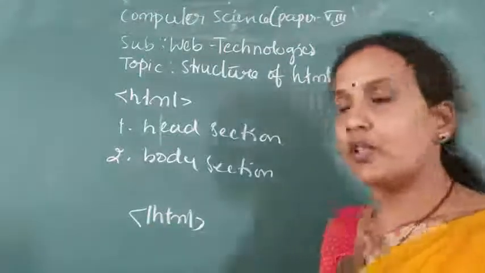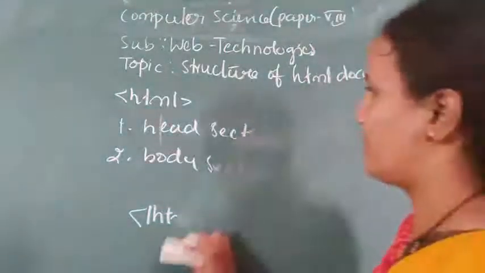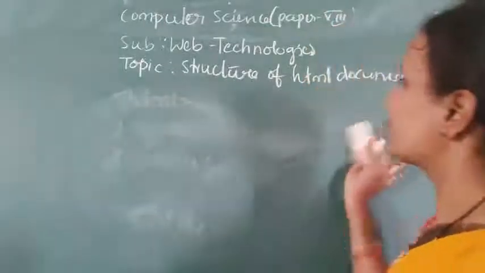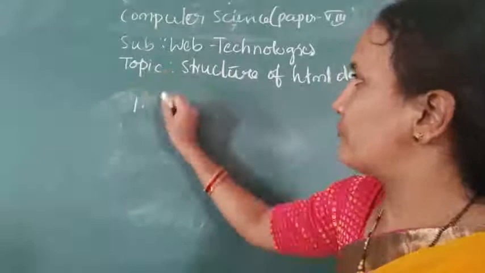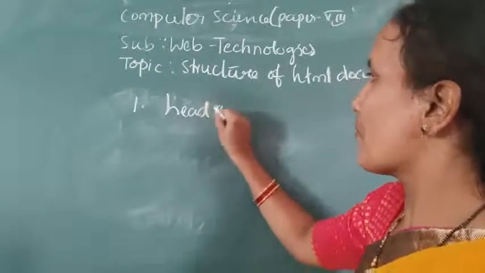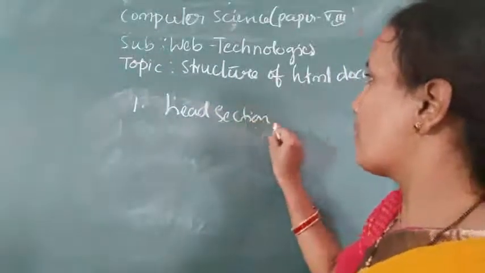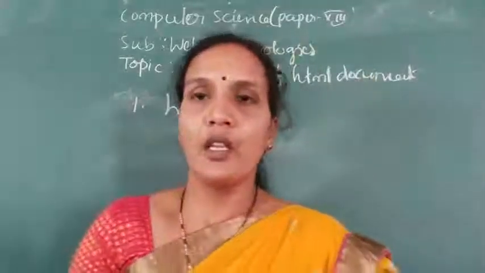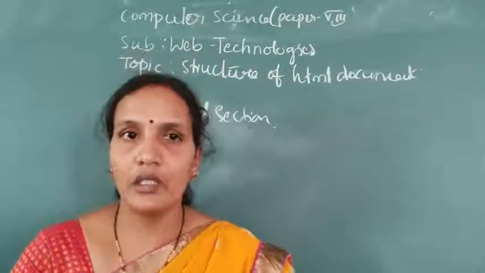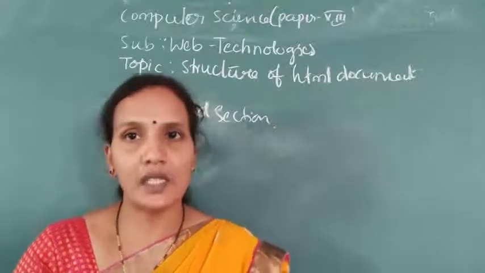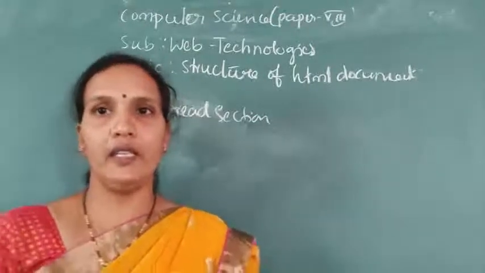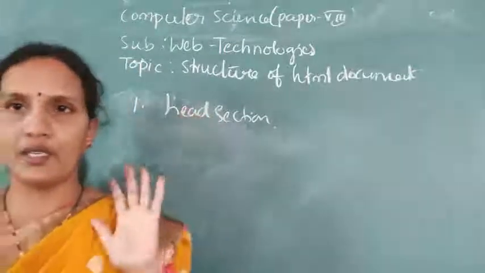Okay, so now come to the head section. What is the use of the head section? See, the head section should be the first section immediately after the HTML opening tag.